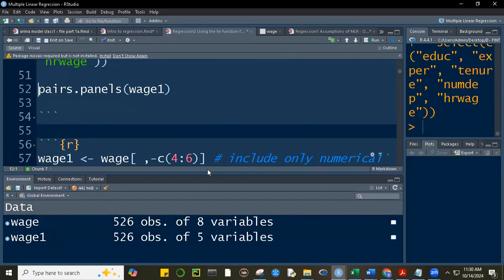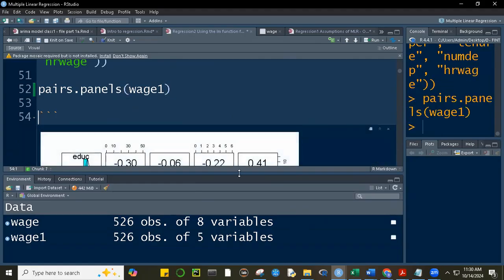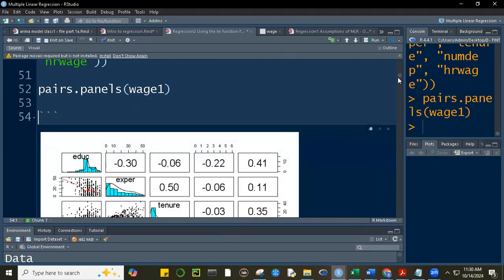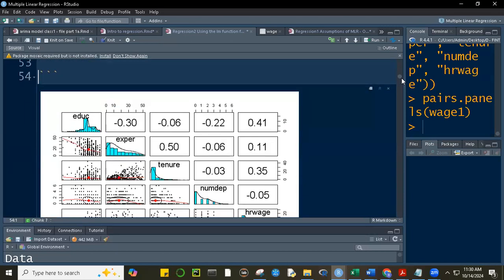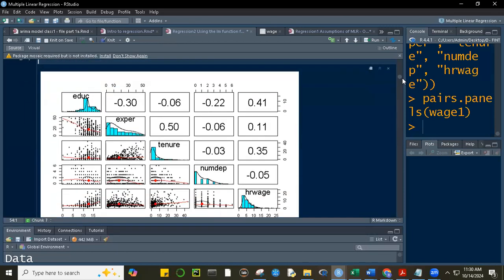Five variables. So pairs.panels. We have another plot here. This plot now removes the character variables, so it's only numerical, and we can see here the correlation between hourly wage and all your independent variables.